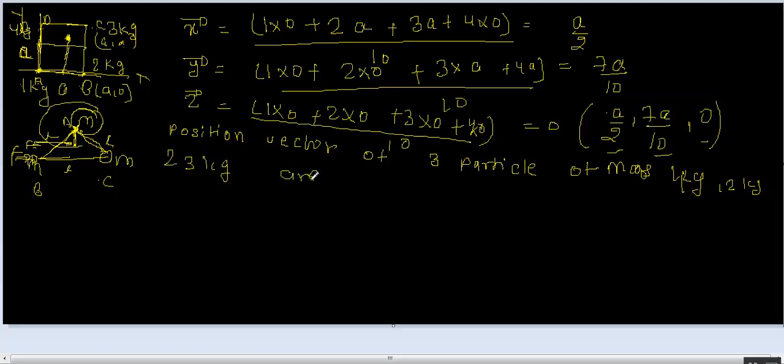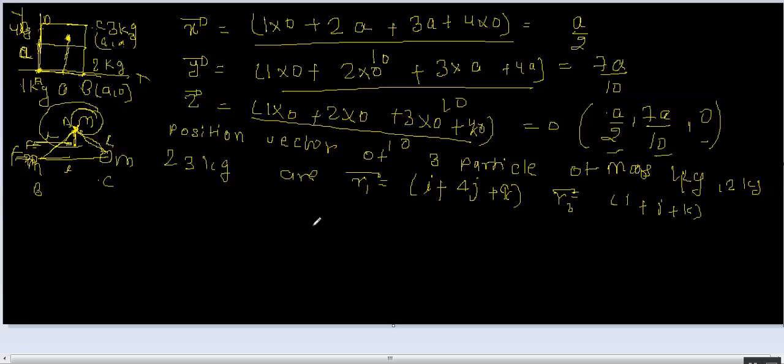are: first, r1 is equal to i plus 4j plus k. Okay, r2 is equal to i plus j plus k.